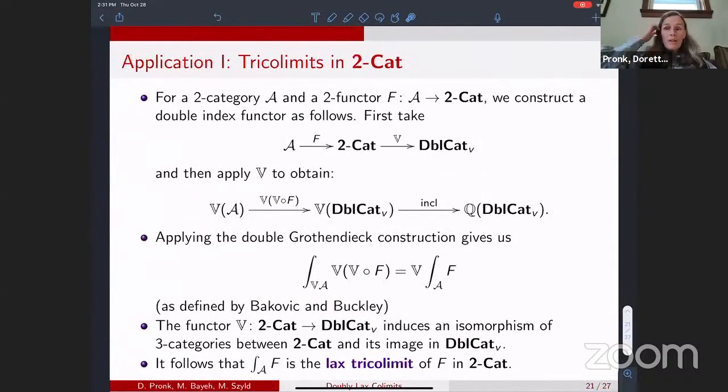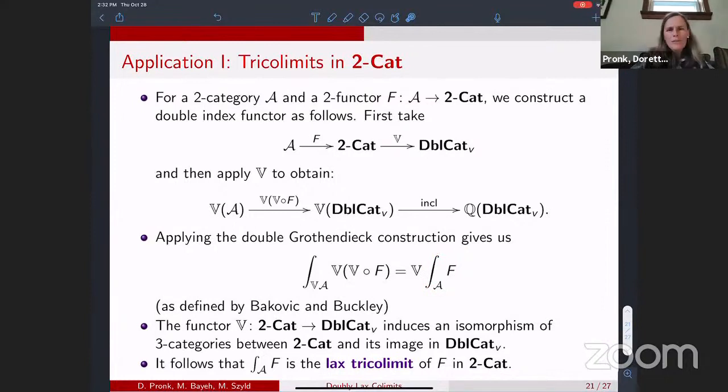Okay, so let's look at a couple of applications. First of all, we want to make the connection with the Grothendieck construction given by Bakovic and Buckley as the Grothendieck construction for two categories or bicategories.